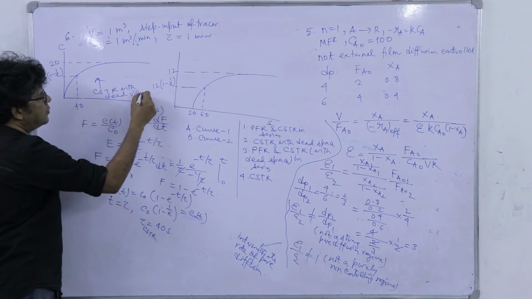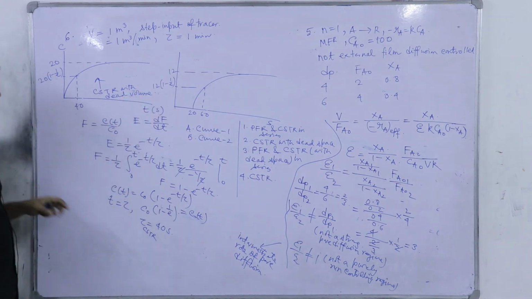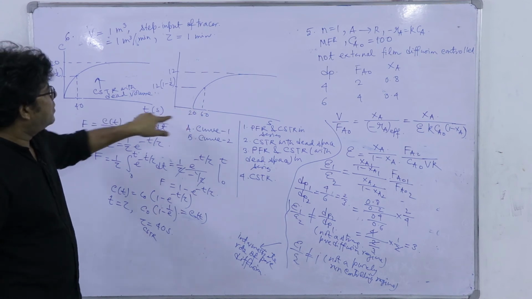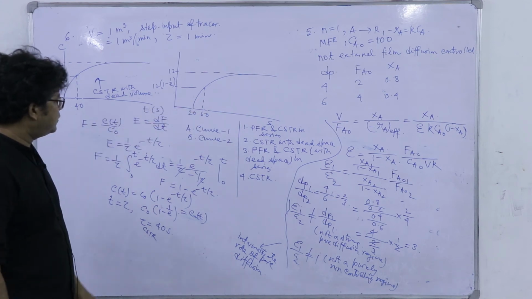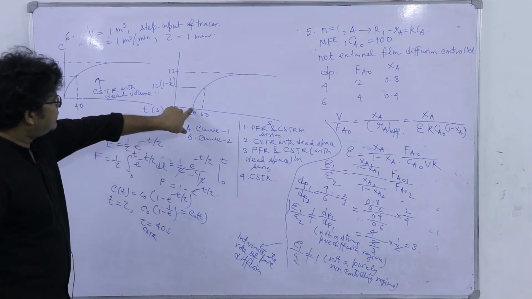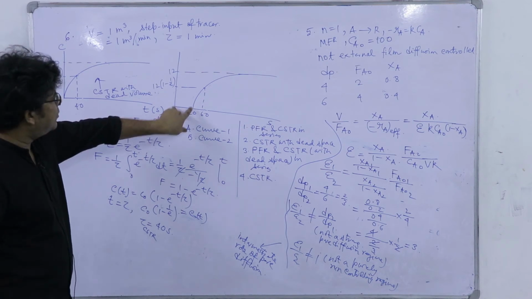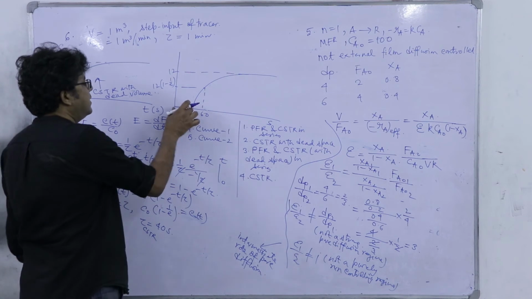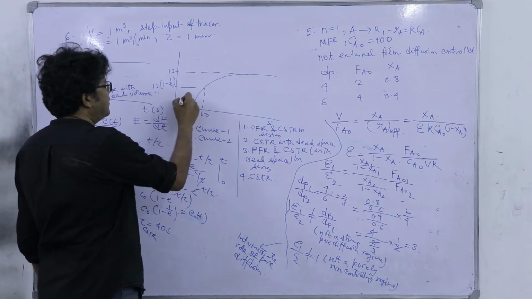That we have to conclude. Right. So, here we can understand that as we have no response, no concentration is building up over this first 20 second. So, definitely this one is the PFR.